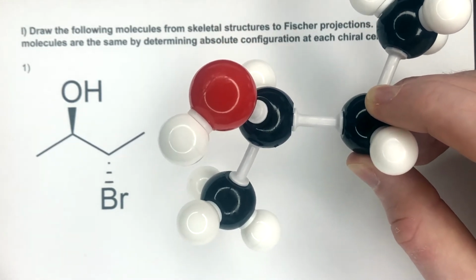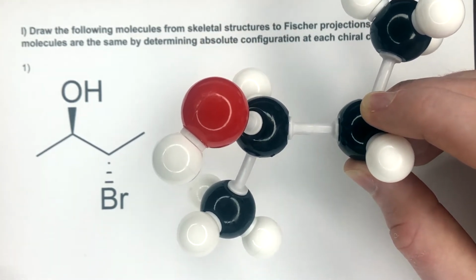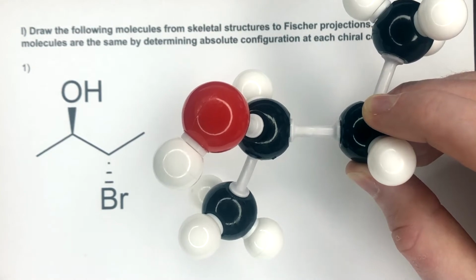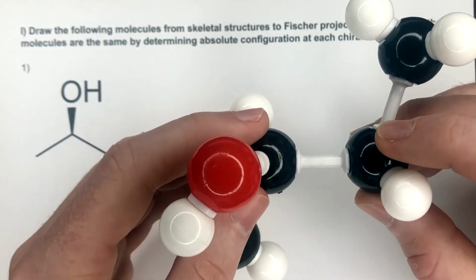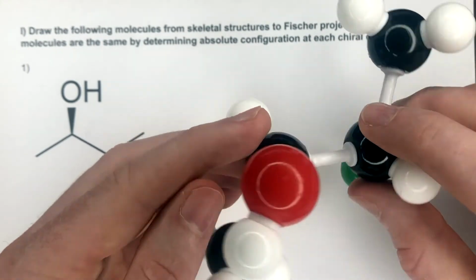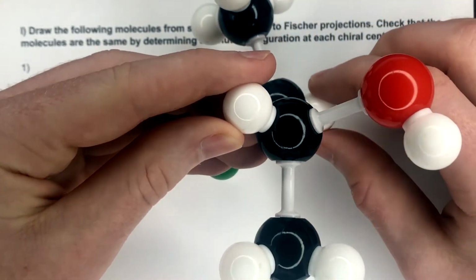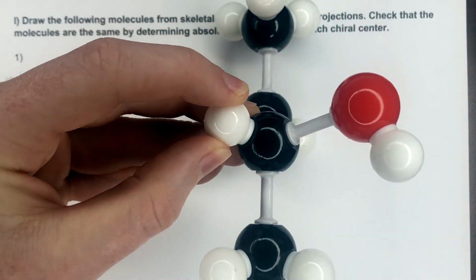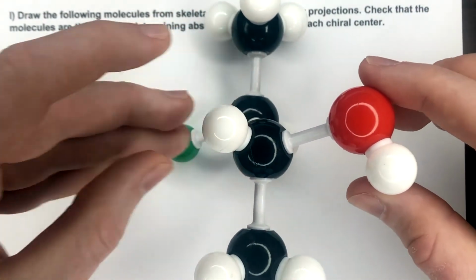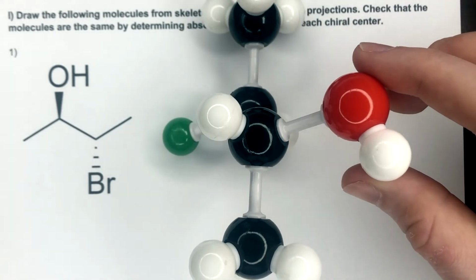So now again, the first thing that we need to do in this process is look at our Newman projection in an eclipsed conformation. So if we just rotate such that we're looking at it like a Newman, rotate that a little bit to make it look better. See, that would be a staggered conformation.